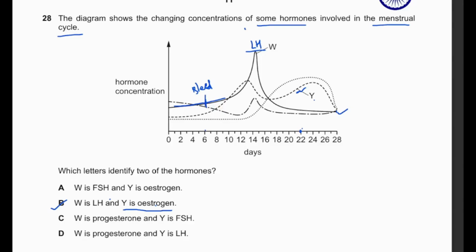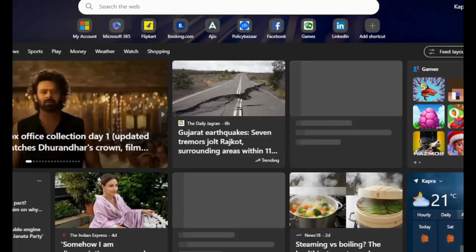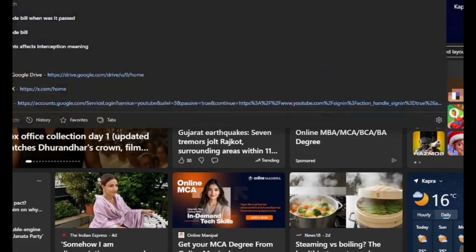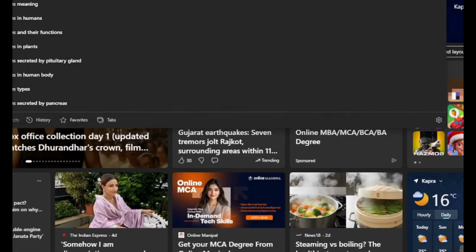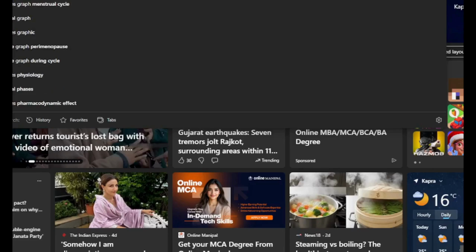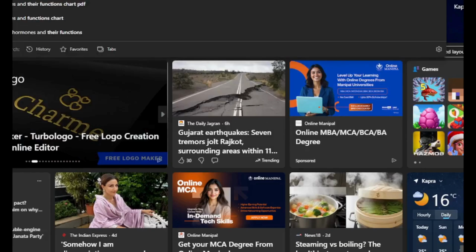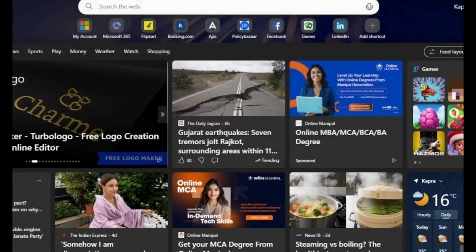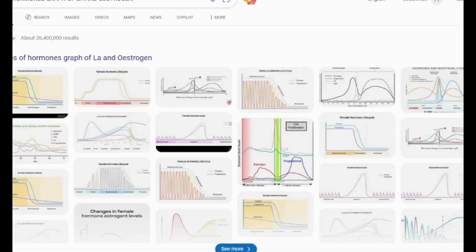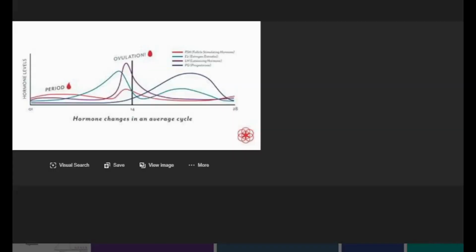Would you like to check the answer here? Let's look at the hormone graph of LH, and let's see what our answer is, which is much more similar to this diagram.